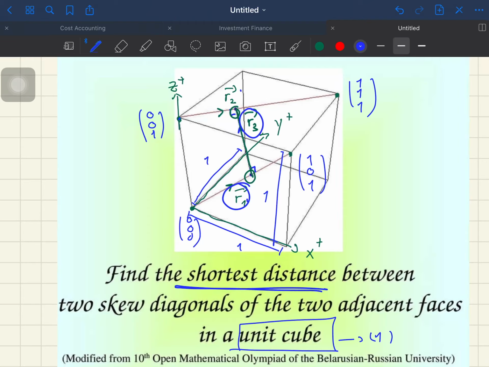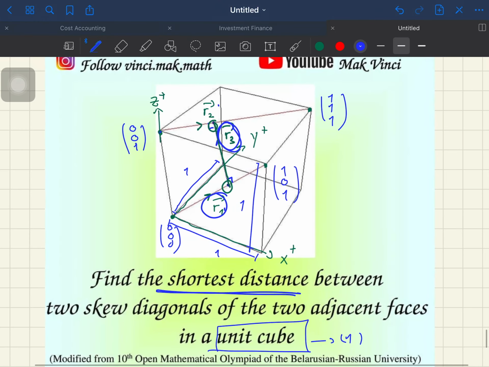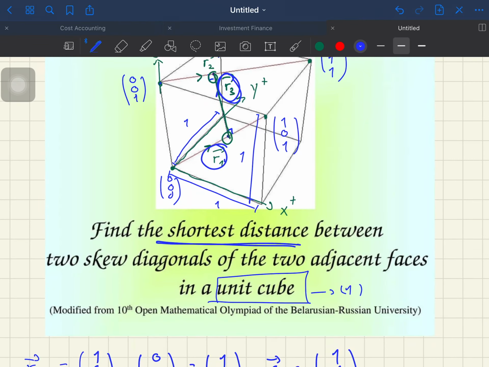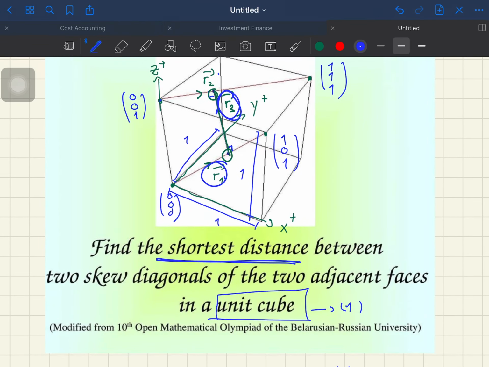And then we have to identify that this R3 vector is not only orthogonal to R2 and R1, but also the shortest distance between the two vectors R1 and R2. So it's very important. Shortest distance obviously means orthogonality.